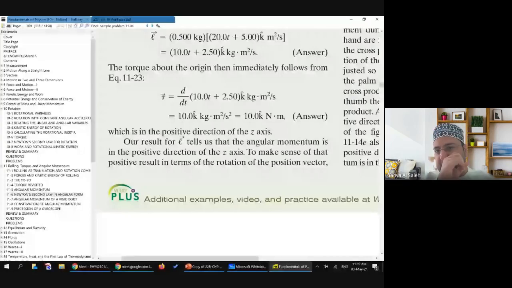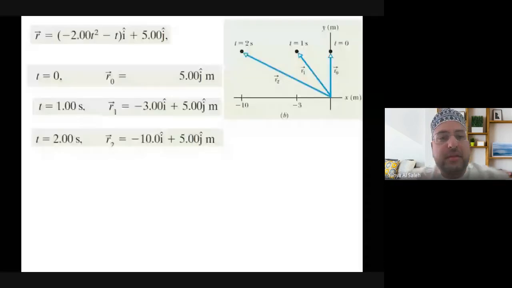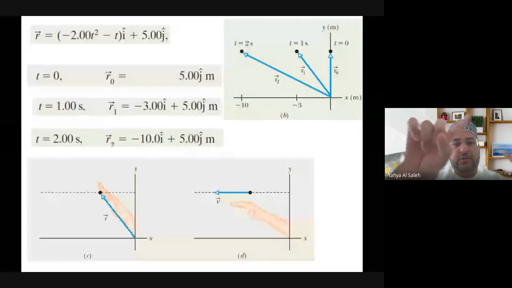So this is if we try to draw it. At time equals 0, r is at 5j. At time equals 1, it would have moved in that direction. At time 2, it's going to have moved more in that direction. So it's rotating counterclockwise.